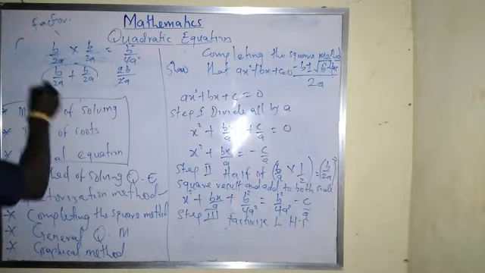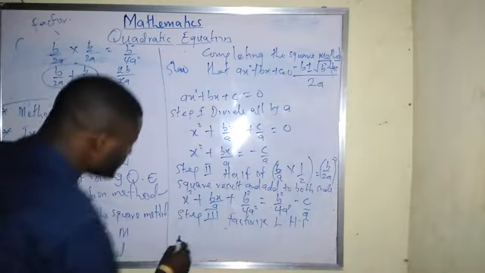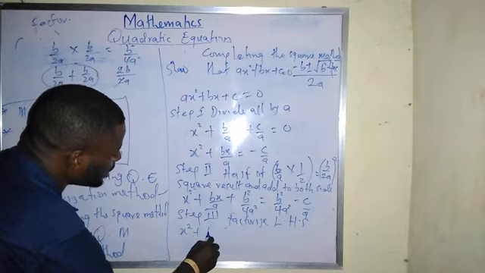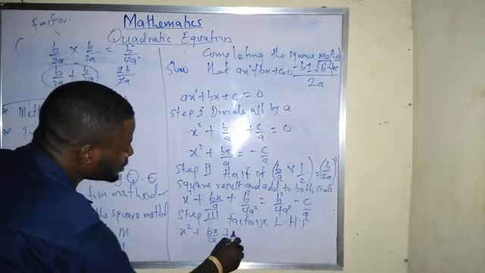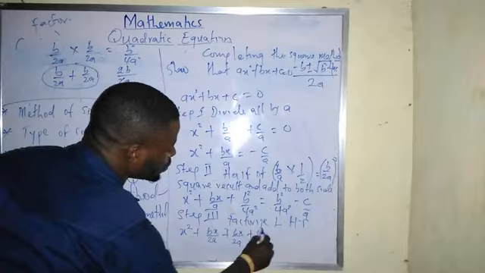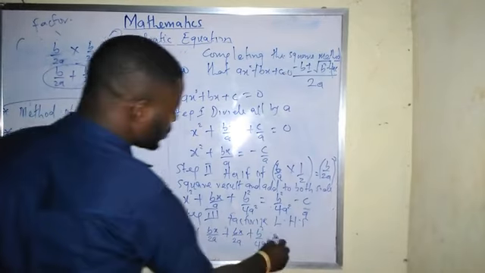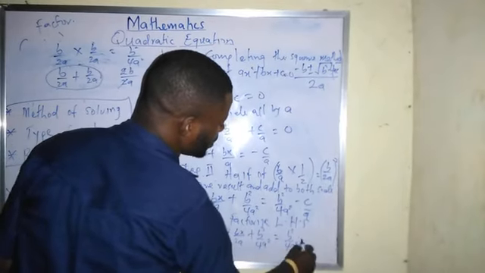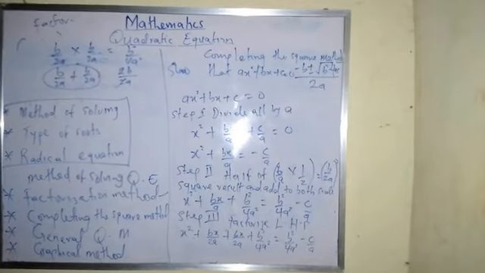Now, it means I will have x squared plus bx all over 2a plus bx all over 2a plus b squared all over 4a squared equals b squared over 4a squared minus c all over a. Now, that is very, very important.